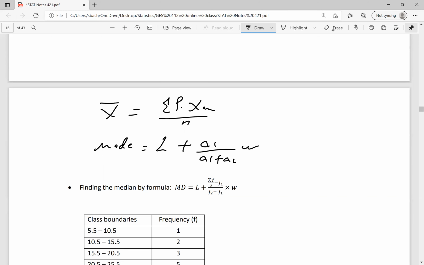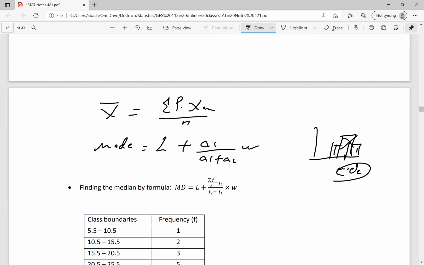The value is the class width. Another technique is to use the histogram, cross between the corners of the highest frequency and the one beside, then go down to find the mode. That's what we did in the last part.